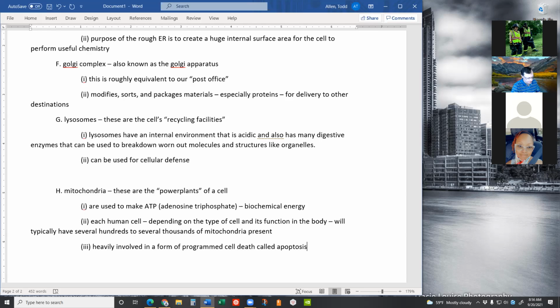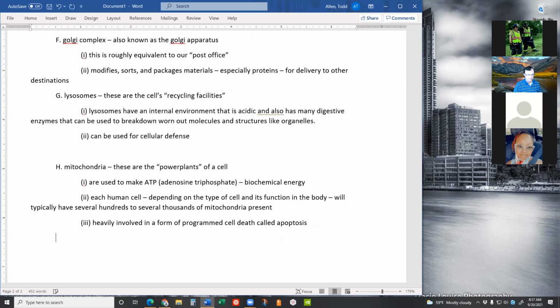Moving on. Next structure we need to talk about is the nucleus. The nucleus as a topic has text on the bottom of page 89, but then we have pictures, figures, diagrams of the nucleus, figure 3.24, page 90.